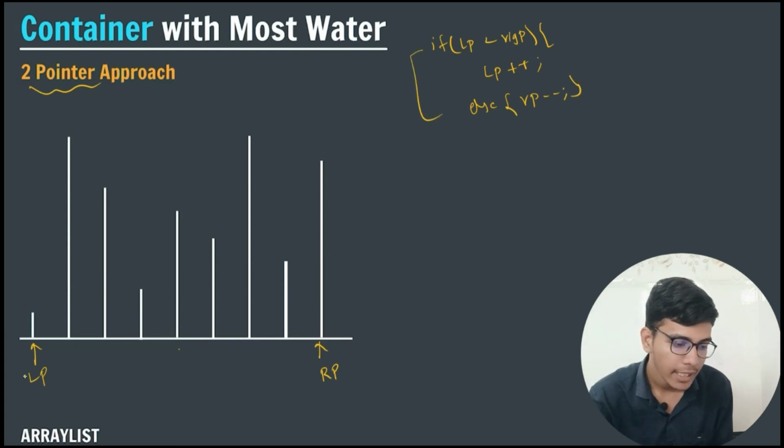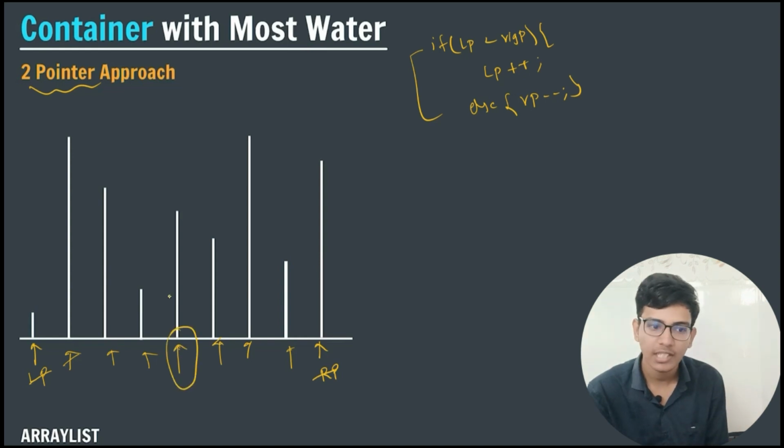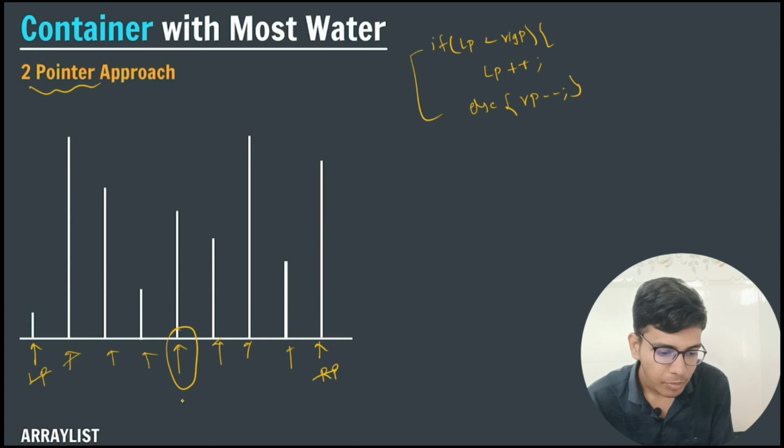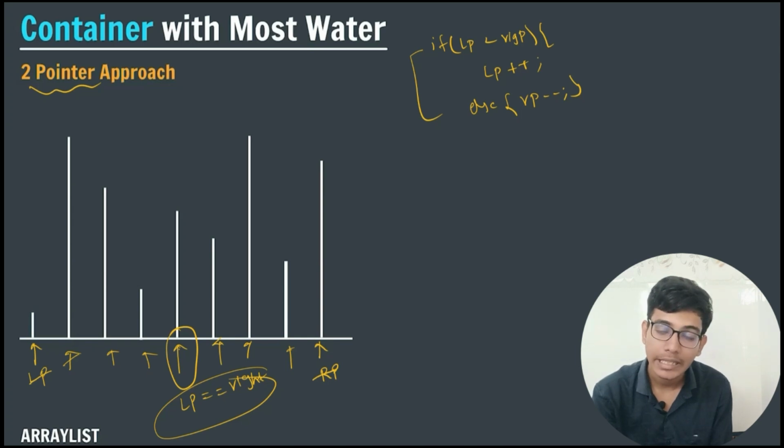And by moving these pointers, we'll calculate the contained water, and this iteration will continue until we hit a base case. The condition is that if my left pointer is equal to the right pointer, then we'll stop our loop. So we'll run only one loop, and using that loop we'll calculate the area of the maximum water contained between 2 lines.